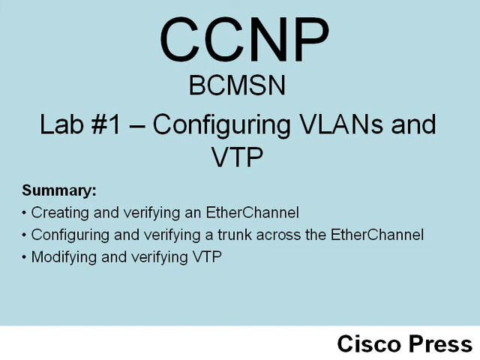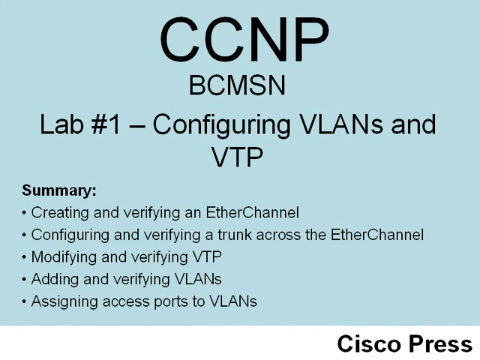VTP allows us to create a VLAN on one switch and have that VLAN database change propagated to neighboring switches. So we created a couple of VLANs on switch DSW2, and those VLANs were automatically learned on switch DSW1. And as a final step, we then assigned ports on our switches to belong to specific VLANs. We had broadcast domain isolation between the lobby VLAN and the employee VLAN.